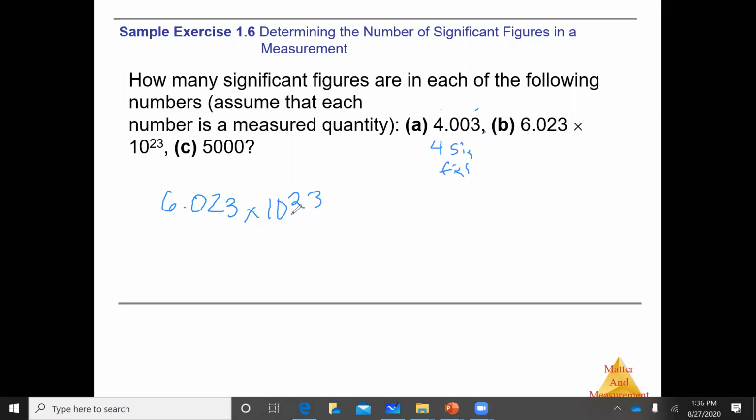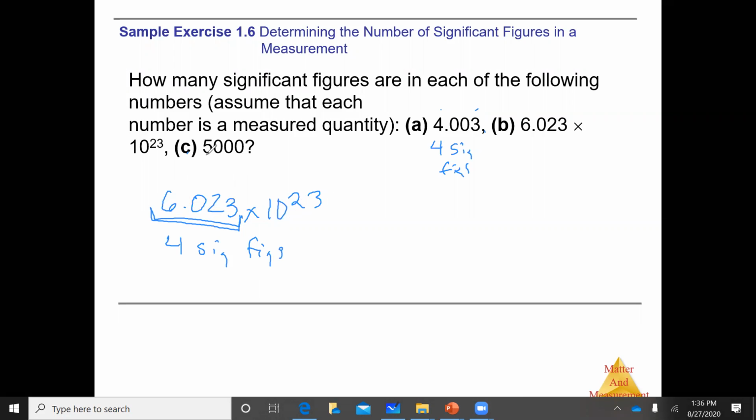The times 10 to the 23rd just means it's a really big number, and we would hop that out 23 hops and fill it with zeros. In scientific notation, any of the values that are included in the first part are significant, okay? So this is significant, this is significant, this and this. So this would be 4 sig figs.